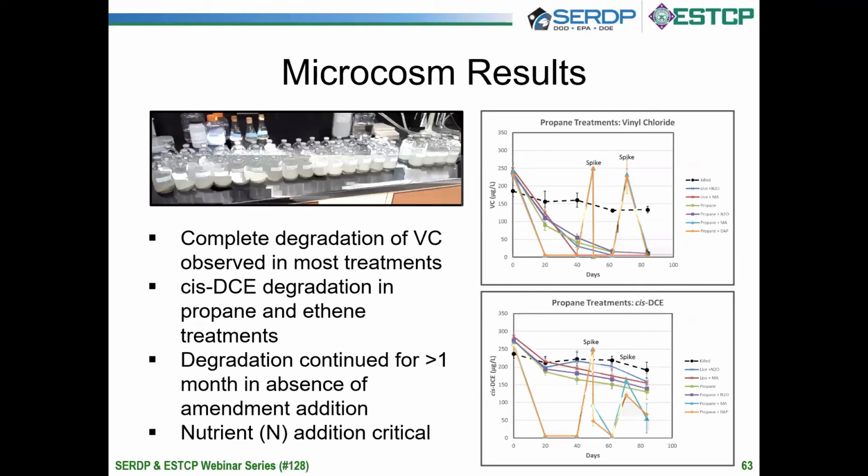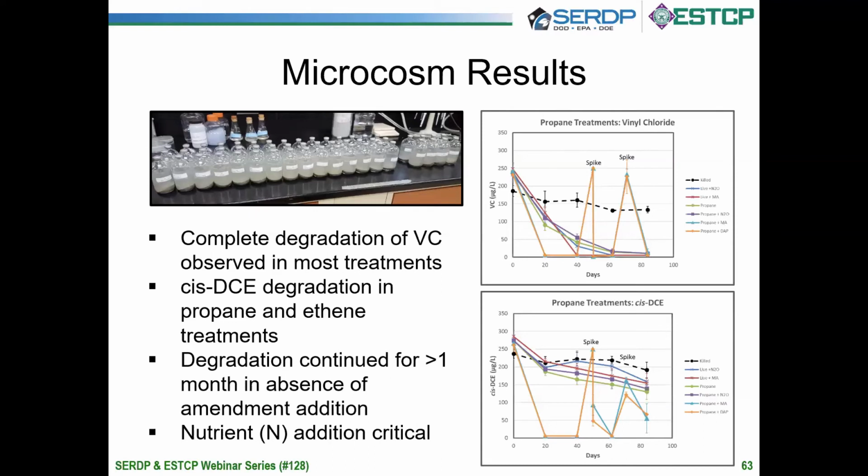So just real brief background, we grabbed some soil and groundwater from the site and did a series of microcosm tests with different gases. We saw that ethene and propane were very good gases for treating the two contaminants of concern. And if you look at the top graph, which is vinyl chloride, you can see the concentrations in all these different treatments, some of them having propane, some of them just having oxygen, and some having different types of nutrients in there.